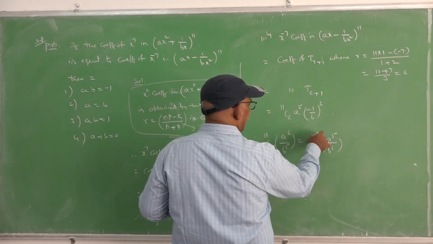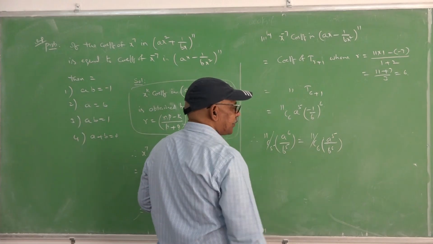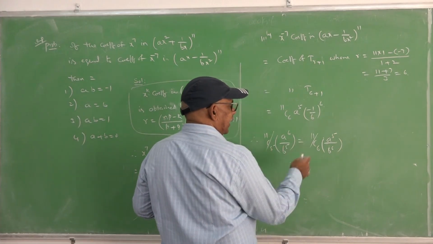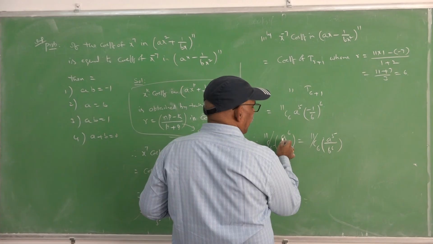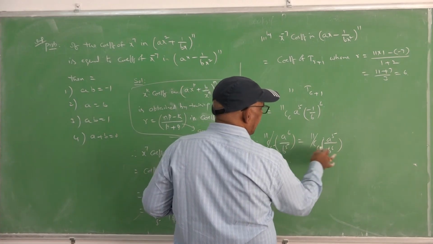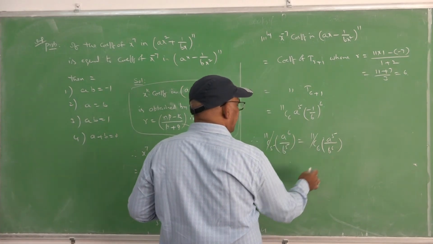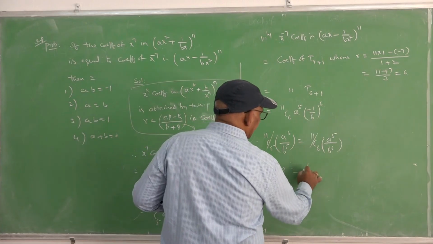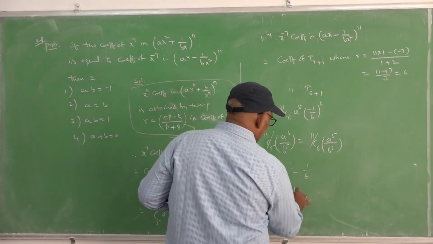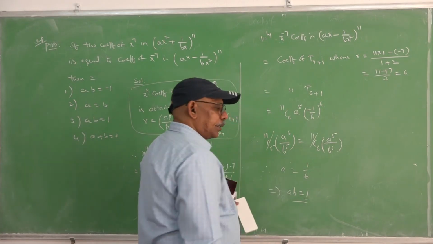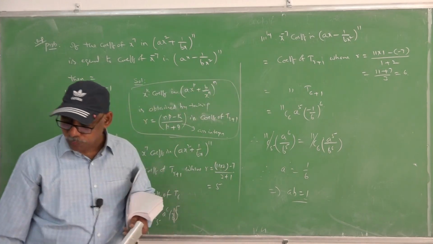But 11C5 is 11C6, you can remove this one, nC r equal to nC n minus r. A power 5 you can remove a, and b power 5 you can remove. So a takes the value 1 by b, which gives us ab equal to 1. The required relation between a and b is 1.